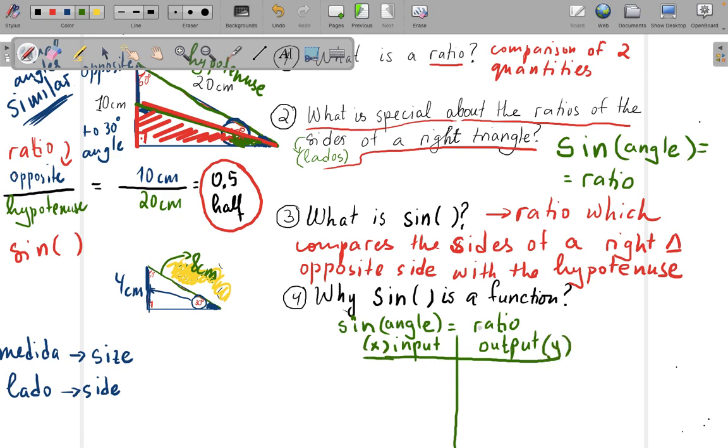It's the same thing. And where can I find the different values for sine? I know already that the 30-degree angle, the way it was here, is going to give me a ratio of 0.5. Now, if I have a smaller angle of 15 degrees, la mitad, okay, I can find that ratio in a calculator.